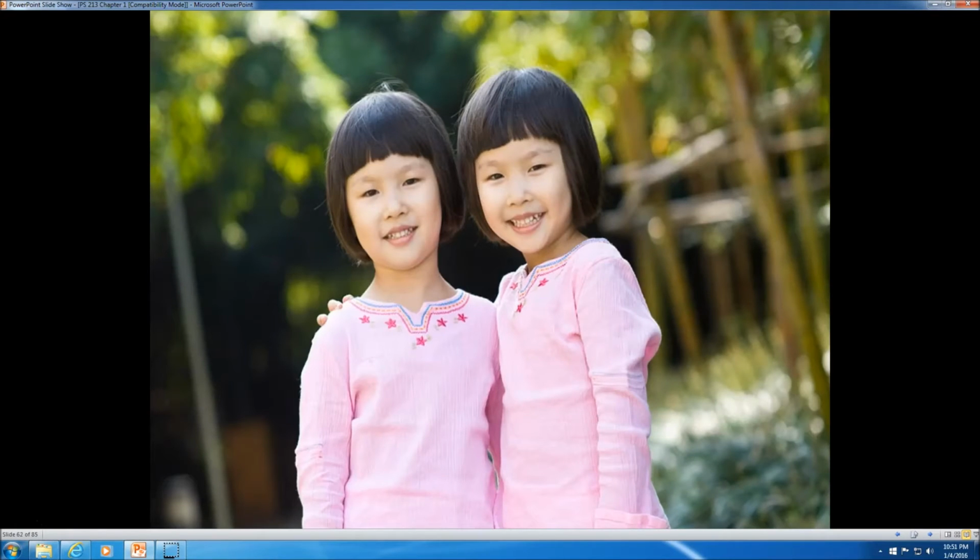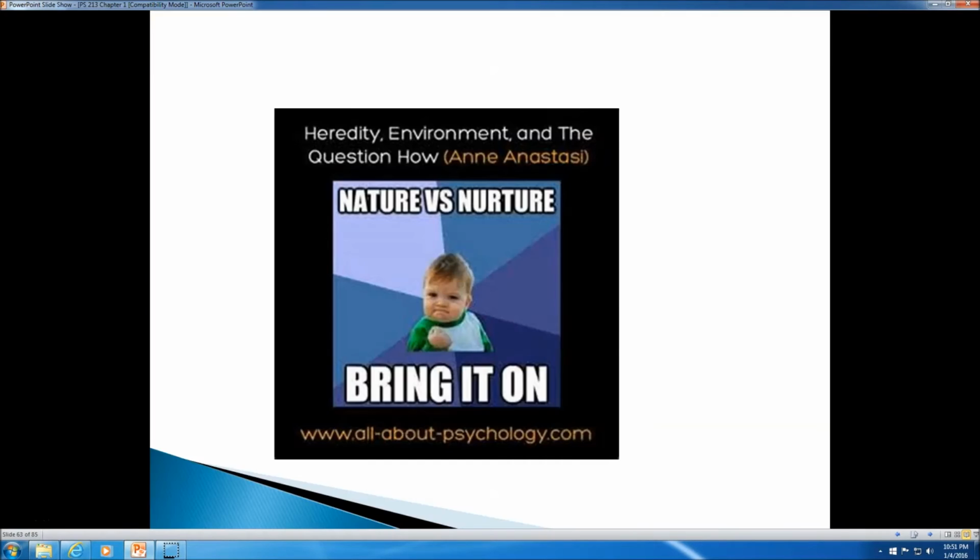In the early days of science, the question more or less became, how much of both? But today, we acknowledge it is 100% of both. Heredity and environment both need each other. You can't have one without the other.